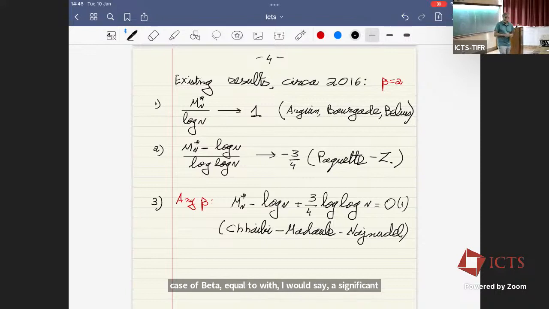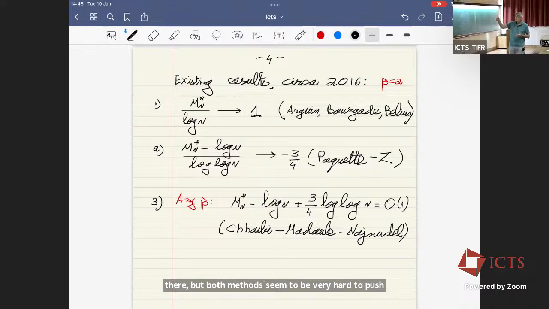The results were essentially that the leading order is indeed 1, and the correction term is indeed 3/4, as it should be from the theory of log correlated fields. So you see that there is some trace of the log correlation there. But both methods seem to be very hard to push further and also were limited to beta equal 2.